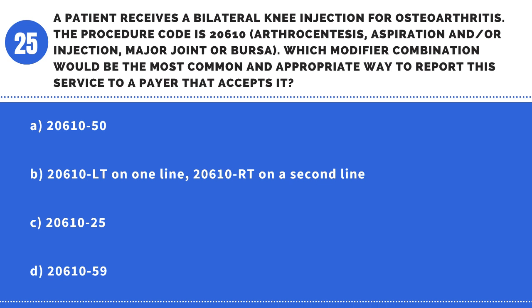Question 25. A patient receives a bilateral knee injection for osteoarthritis. The procedure code is 20610, arthrocentesis, aspiration and/or injection, major joint or bursa. Which modifier combination would be the most common and appropriate way to report this service to a payer that accepts it?